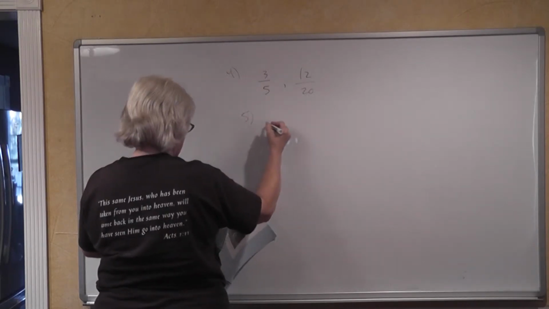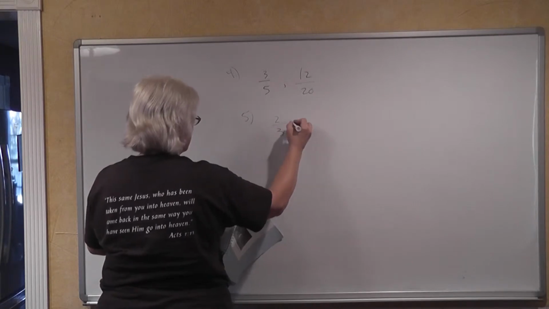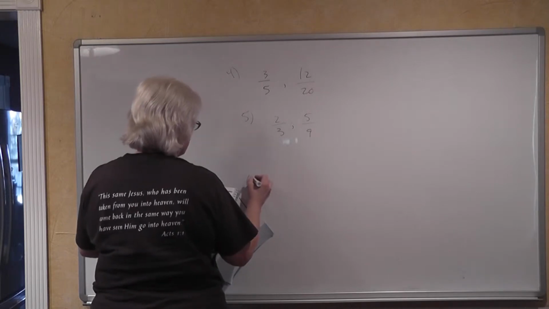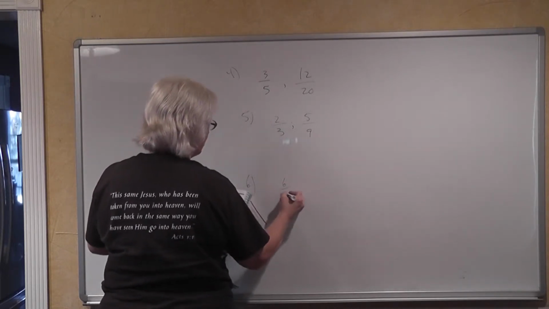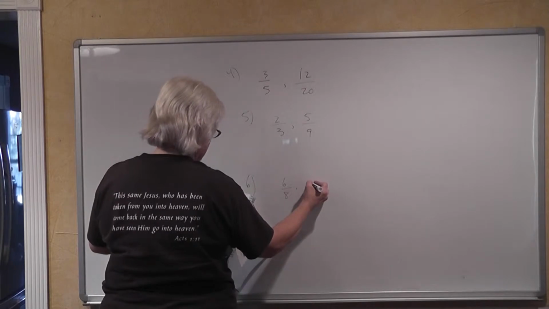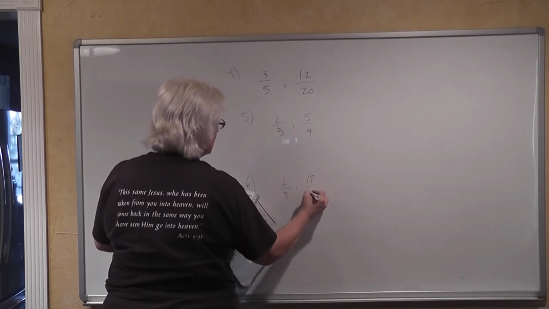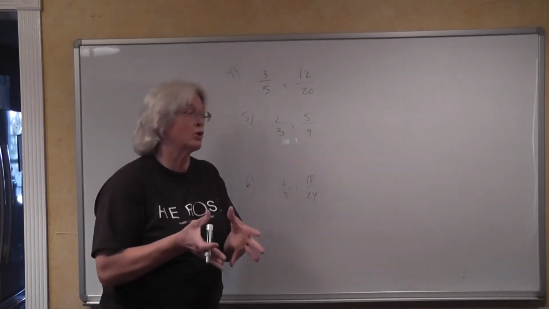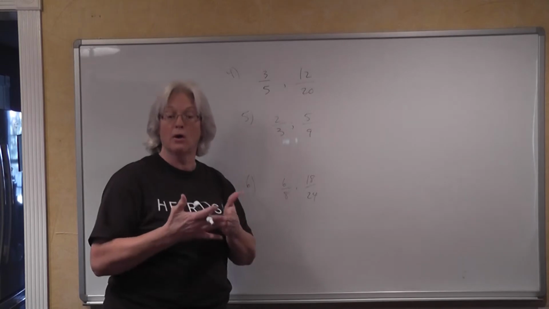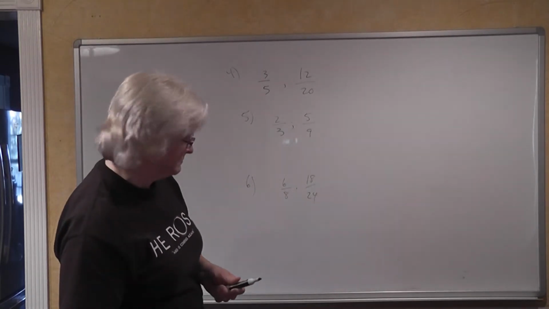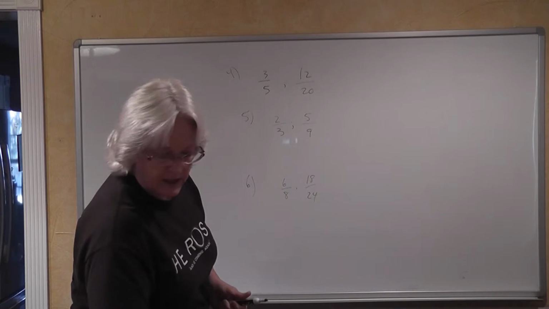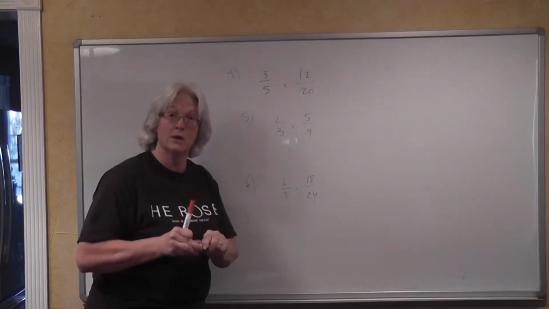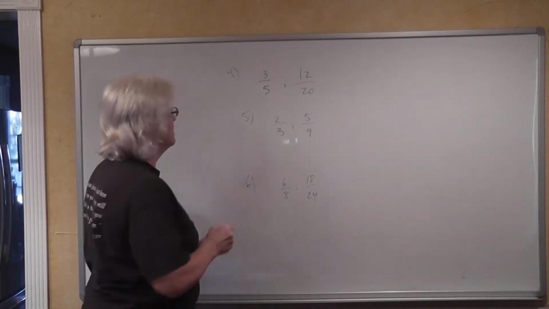Our second pair of fractions, we're comparing 2/3 and 5/9. And our problem number 6, or our third pair of fractions that we want to see if they're the same, we have 6/8 and 18/24. And we want to use cross products to determine if these fractions are equivalent. What are cross products? Sort of like when you multiply catty corner, you know, draw an X across your fraction.